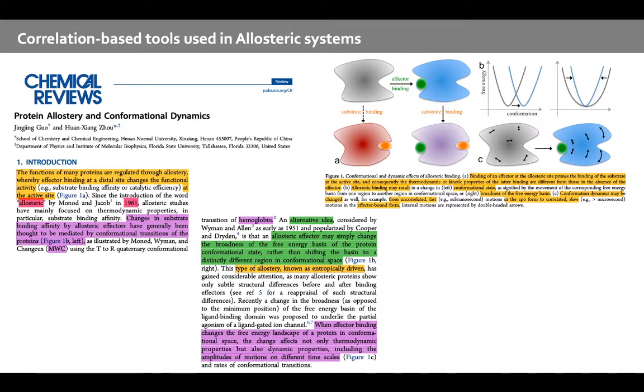So for computing the shortest path map, we need this correlation matrix, which gives me information about these coefficients for each pair of residues in my protein.